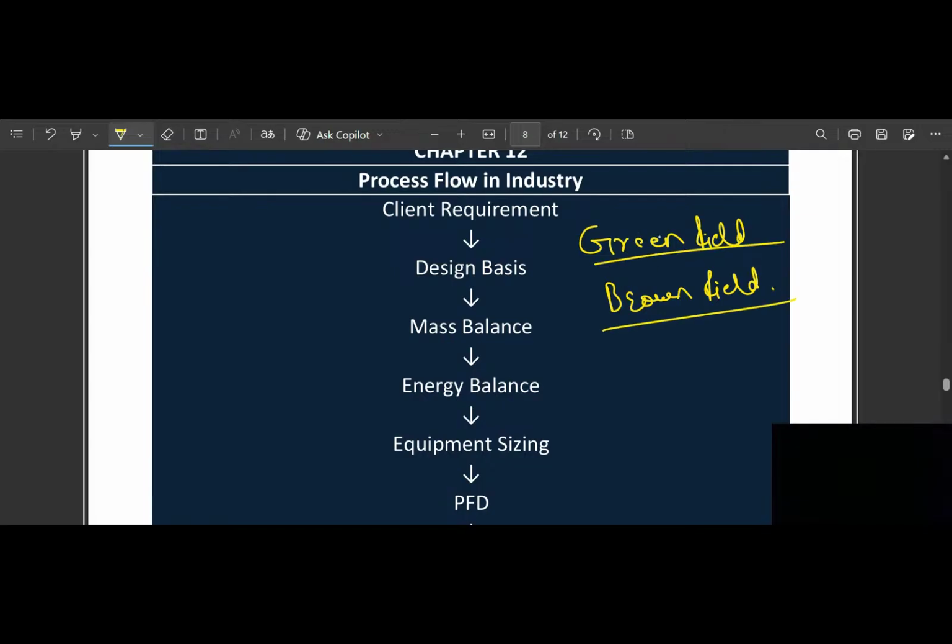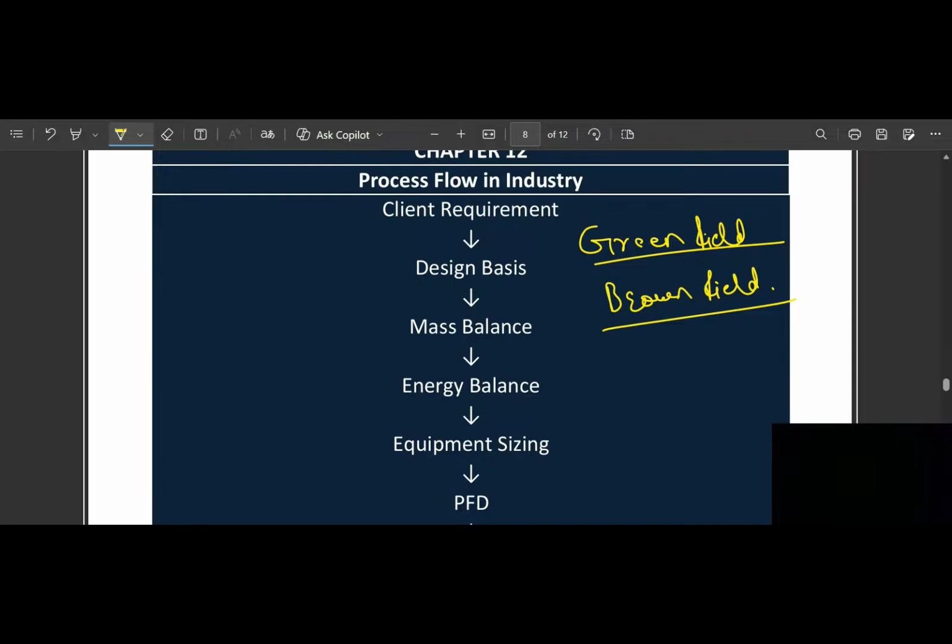Greenfield means it's complete open land, and you have to start from zero. There is open land and you are starting from zero, so it's a complete new plant.